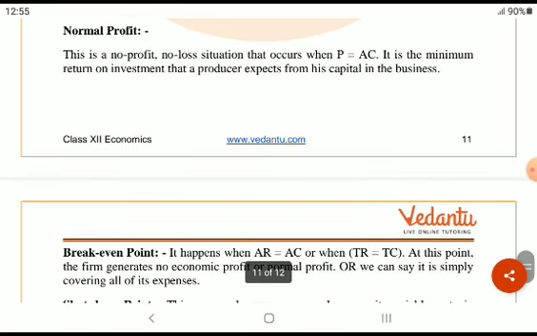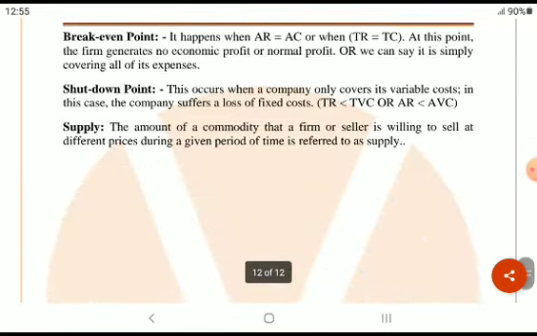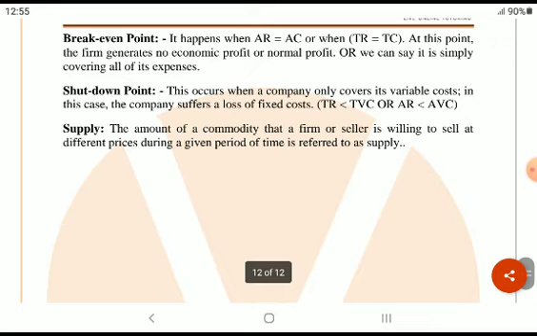Next, normal profit: there is no profit, no loss situation that occurs when P is equal to AC. It is the minimum return on investment that a producer expects from his capital in the business. Break even point: it happens when AR is equal to AC or when TR is equal to TC.